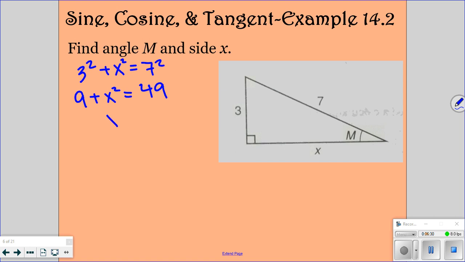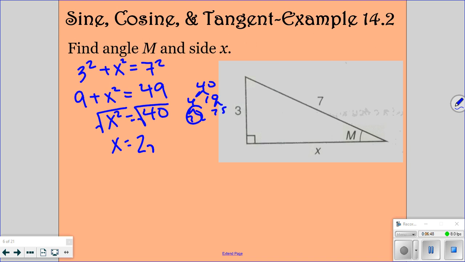So that means that x squared would equal 40. And if you take the square root, you'll get the square root of 40, which if you simplify, 40 factors as 4 and 10, which is 2 and 2 and 2 and 5. So we can pull out that pair of 2's, and then we're left with 10 on the inside. So that would be your x value.